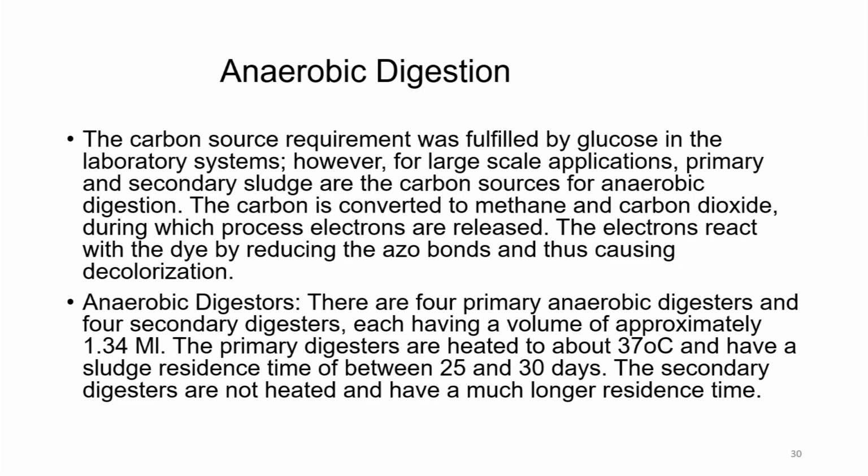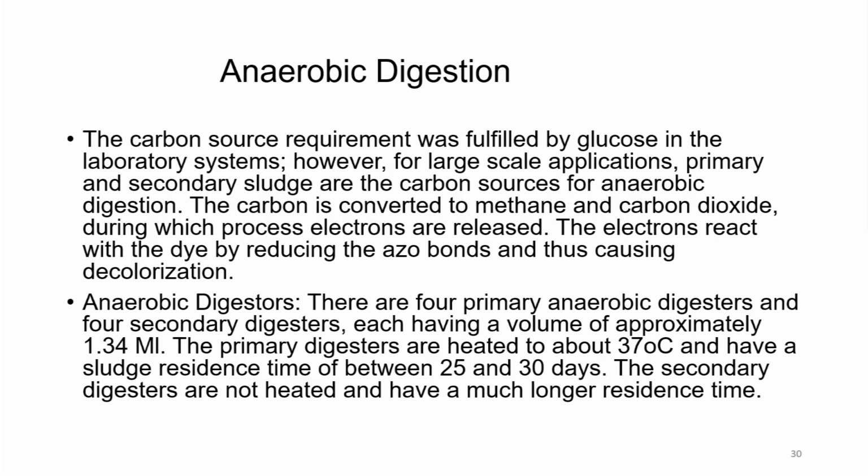The electrons react with the dye by reducing the azo dye bond and thus causing decolorization, because once the azo linkages break, the dye is no more a dye, it becomes primary amines, and these amines are not having any color.